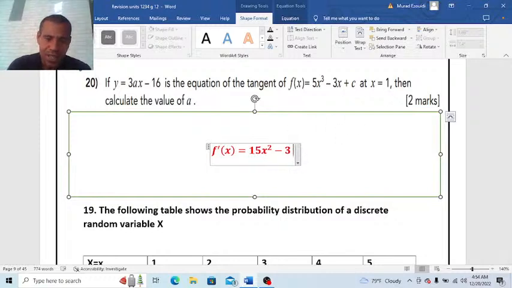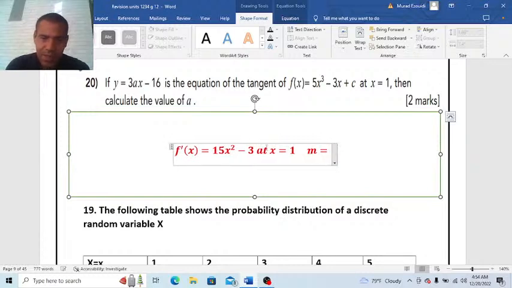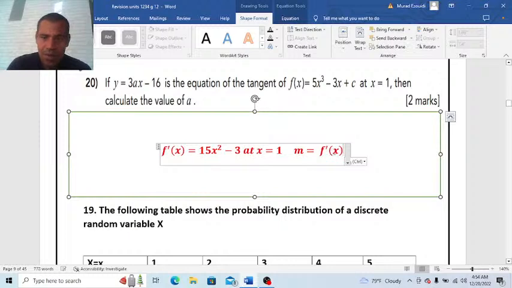At x equal 1 we have the gradient m. The gradient m is equal to f dash of 1, because x is equal to 1, which is equal to what, learners?